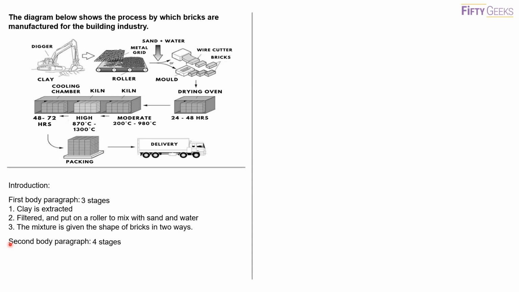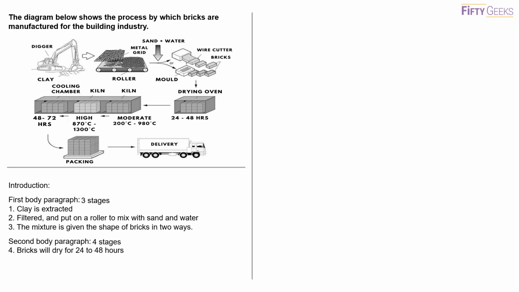For the second body paragraph, I will continue the process after stage 3. In the stage 4, the bricks will dry for 24 to 48 hours. I will write the bricks will dry for 24 to 48 hours.